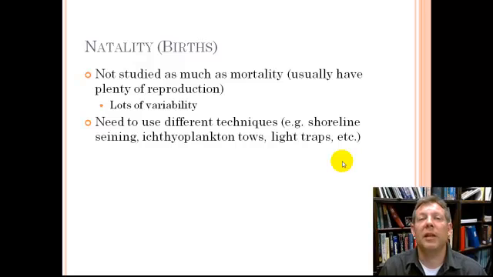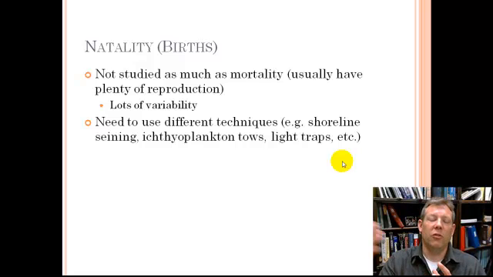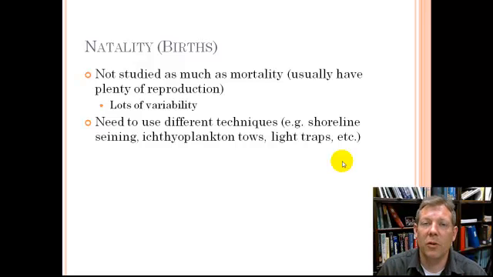If you're going to study natality, you are going to need very different techniques, right? The young fish are not recruiting to the gear that you use for adult fish. So you're going to need to do things like shoreline seining, ichthyoplankton tows, light traps, all those things we do to try to look at smaller fish. And that's how we're going to get at recruitment. Other reasons it's not studied as much, these require significantly more effort, whereas measuring the adult fish often takes less effort.